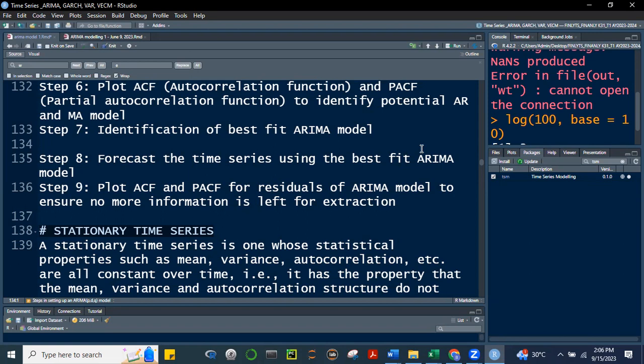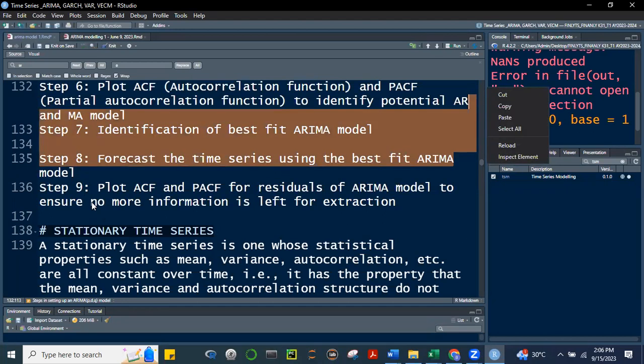Very important, especially if you have a time series that's really very erratic, and quite difficult to forecast. ARIMA is a very powerful tool. So you forecast the time series using the best fit ARIMA. Okay, as I said, plot the ACF and the PACF for the residuals, to try to see if our model is okay, because this will form part of our diagnostics.